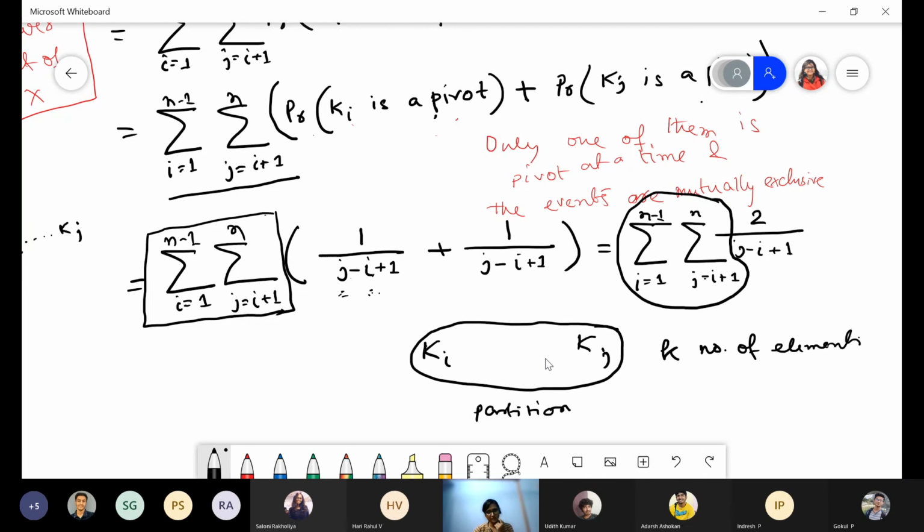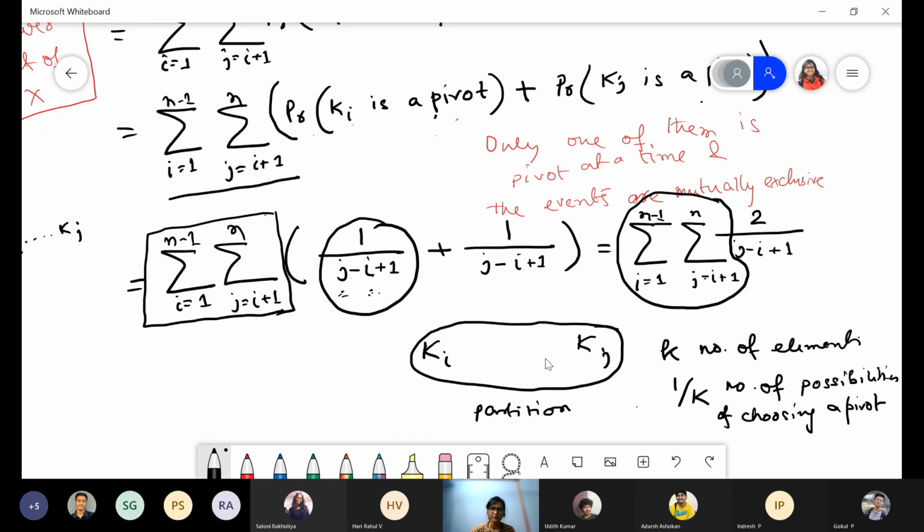As I am choosing my pivot uniformly at random, that means I have 1 by k possibility of choosing any of them as pivot. So this comes from the probability of choosing any element as pivot, where Ki to Kj is the size of the partition, or these many elements are there.